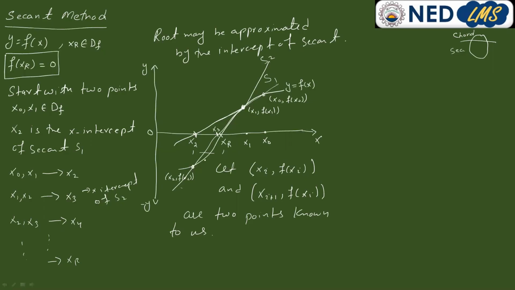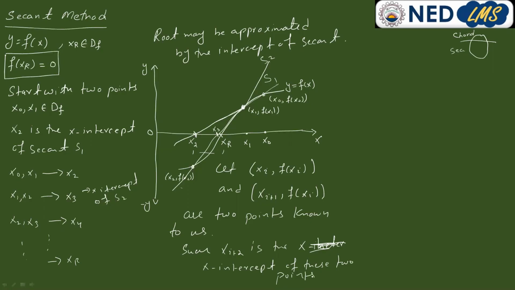So now the point that we have to generate is xi plus 2, because x0, x1 gives x2, so xi, xi plus 1 gives xi plus 2, such that xi plus 2 is the x-intercept of these 2 points.